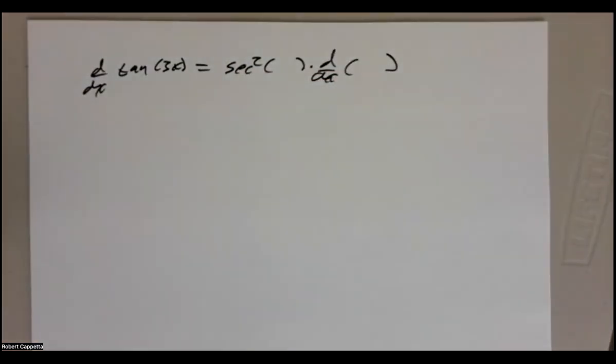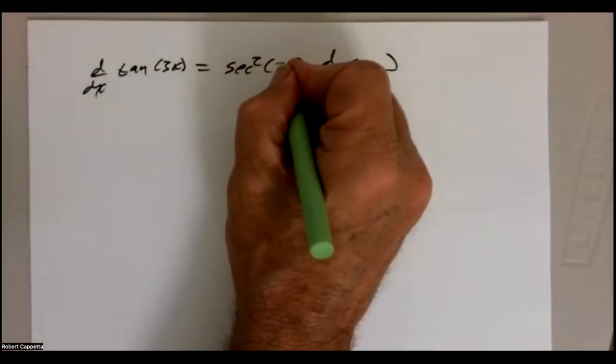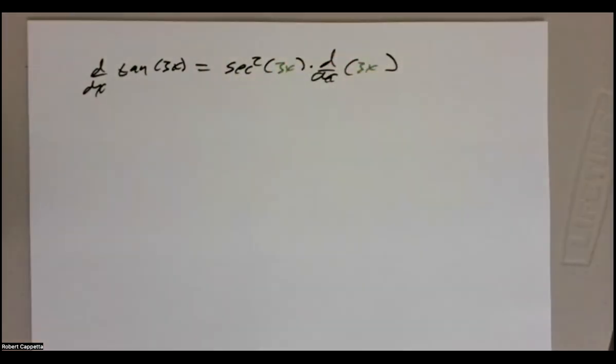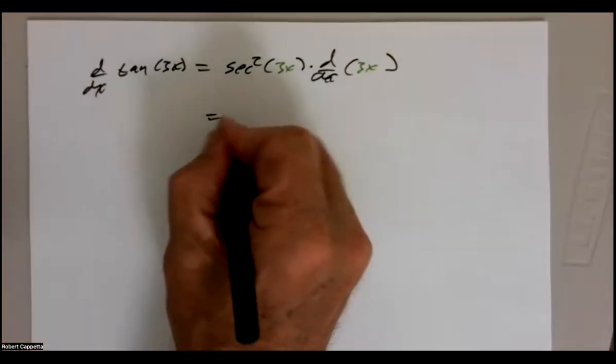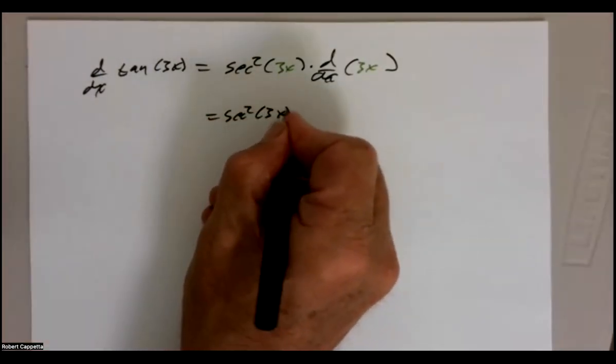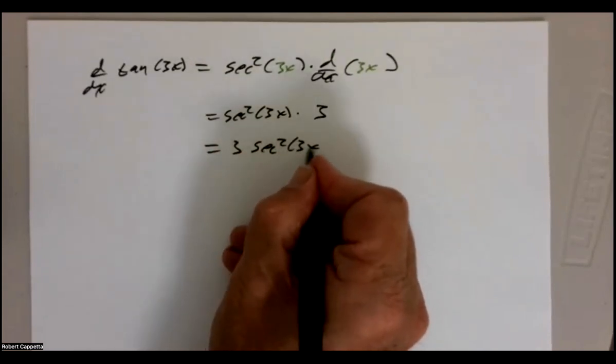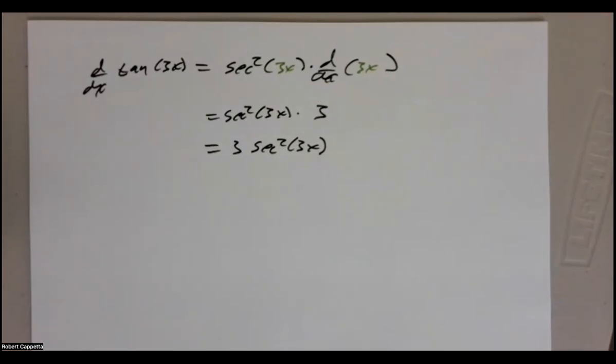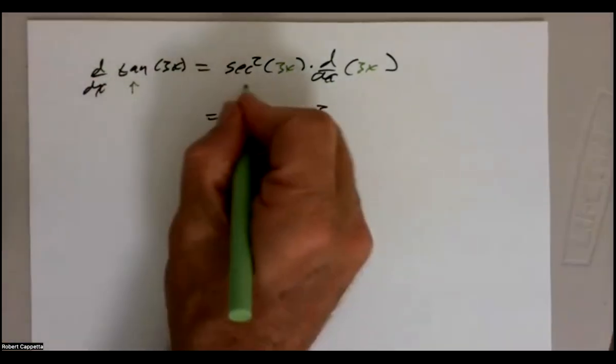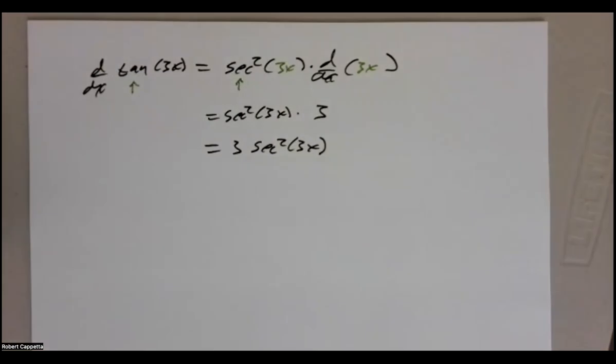What is my something here? My something here is 3x. So I get secant squared 3x times 3, which normally we would write as 3 times secant squared 3x. So we see that that matches what we did on the last approach, which was using the quotient rule. So clearly the chain rule is a much faster way to do it, but that requires you to have memorized that the derivative of tangent is secant squared. So you want to be sure to put all that together.